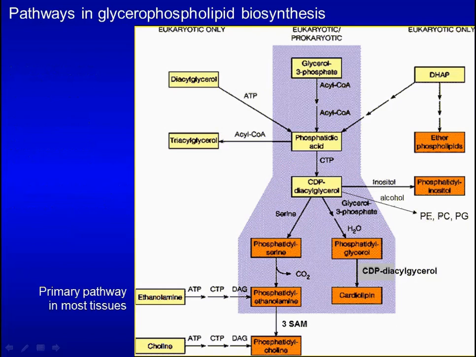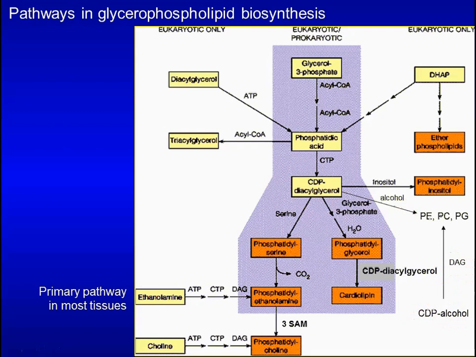In most tissues, including the liver, glycerophospholipids can be synthesized either by donation of phosphatidic acid from CDP-diacylglycerol to an alcohol, or the other way around: donation of a phosphorylated alcohol from CDP-alcohol to diacylglycerol. Nevertheless, some phospholipids have preference.